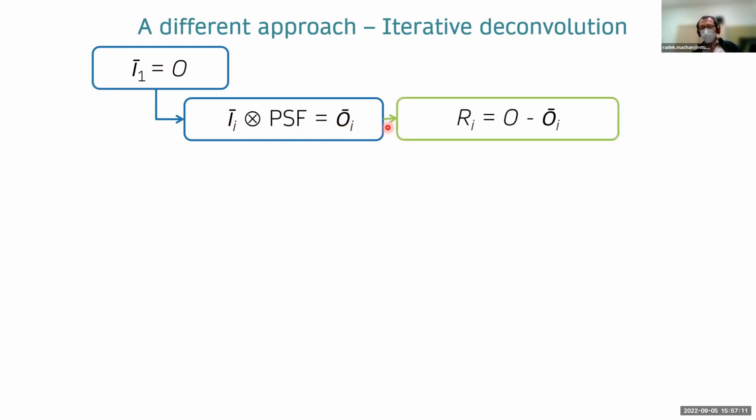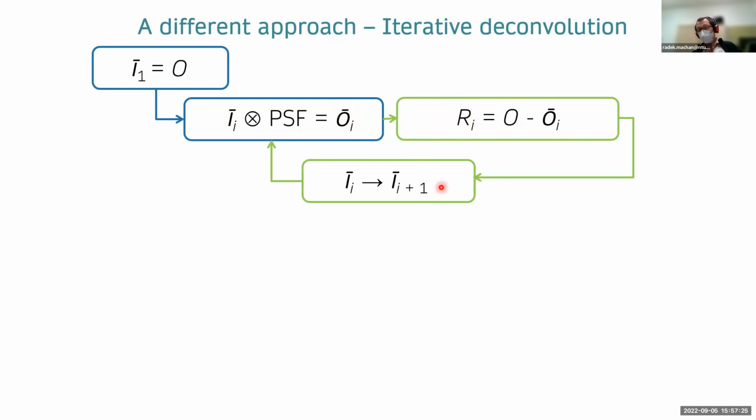Then we compare the estimate, which we obtain here, with the actual observed image and calculate the residual image. Then based on that, we update our guess of the ideal image and do it again.